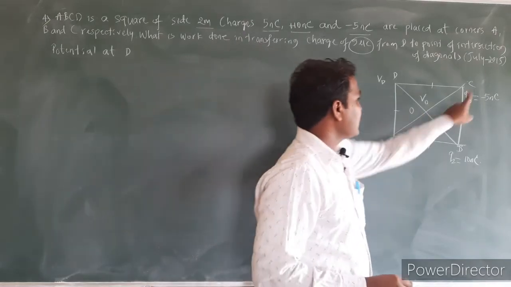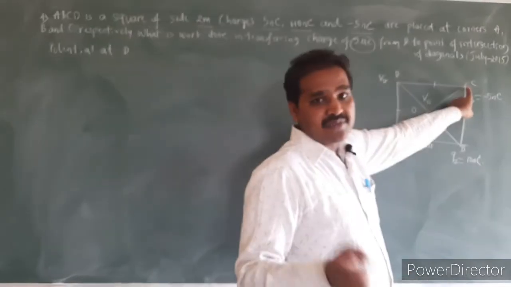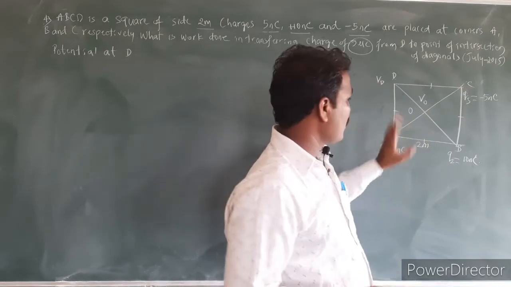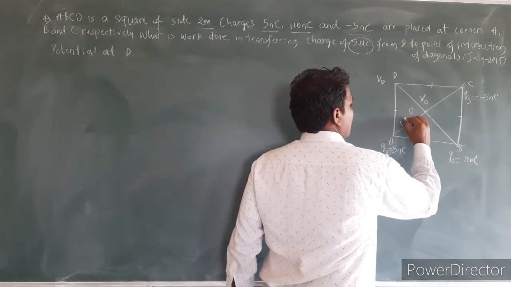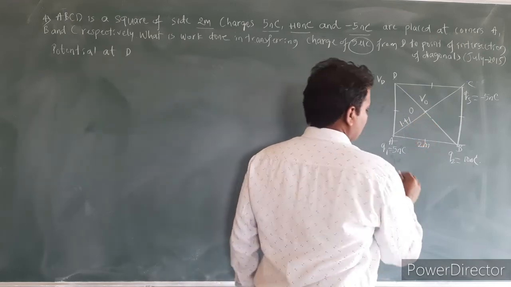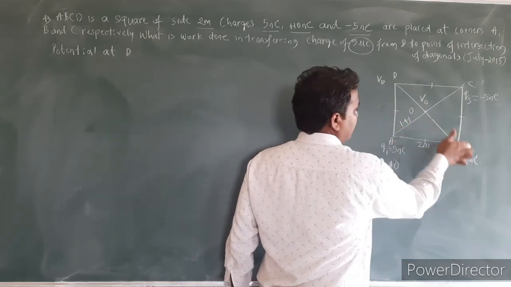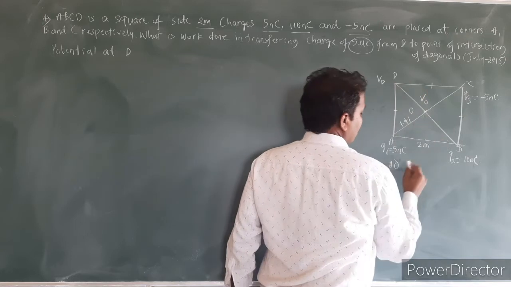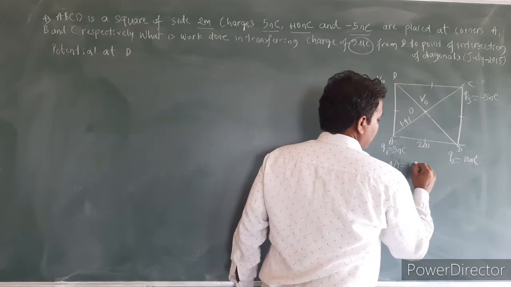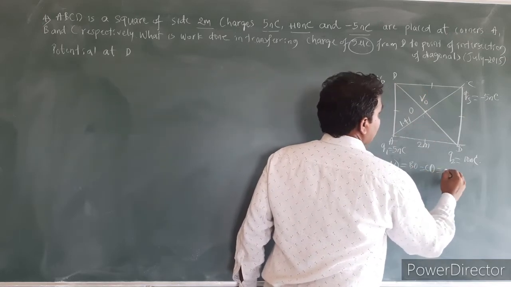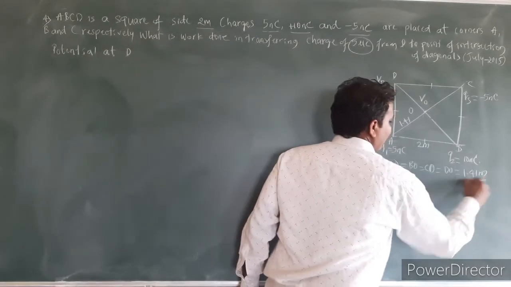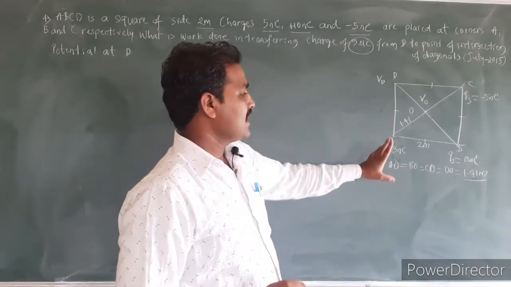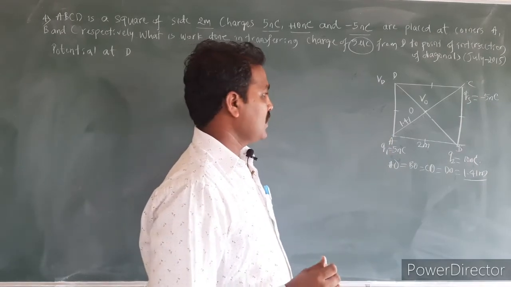If I calculate the diagonal, it comes to somewhere around 2.82, so A to O is 1.41 meters. All the distances AO, BO, CO and DO are equal to 1.41 meters. For calculations, let us use that value.